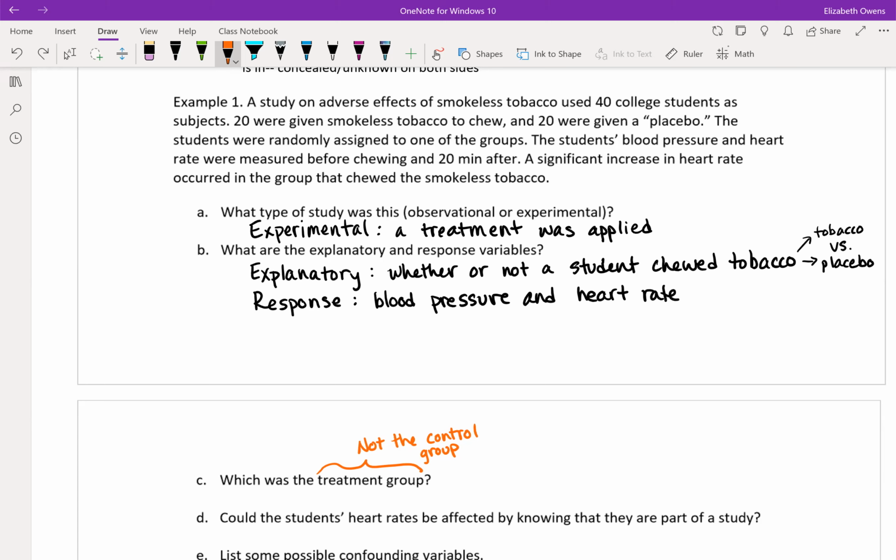So not the control group is the ones who didn't get a placebo. It's the students who were given actual tobacco. So the students chewing actual tobacco. Okay.